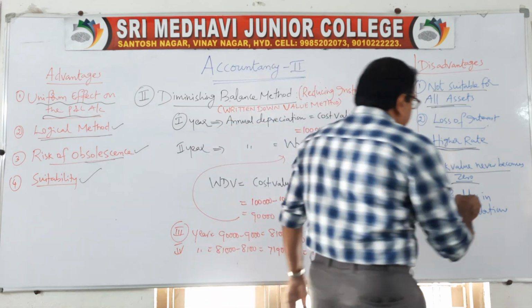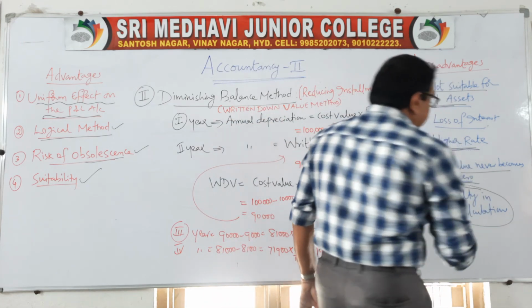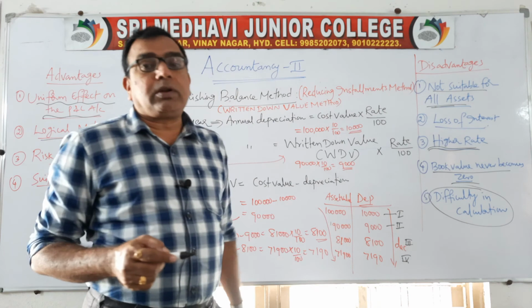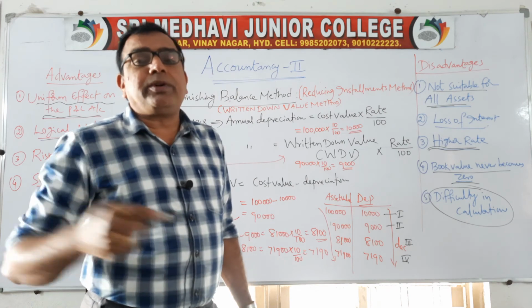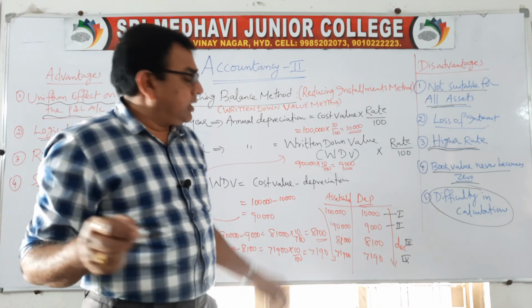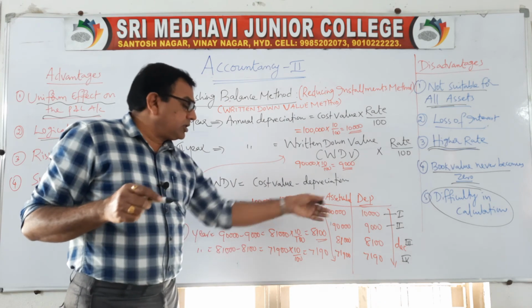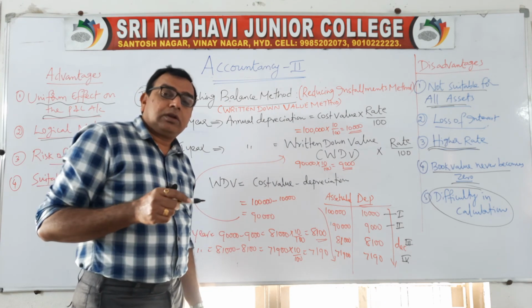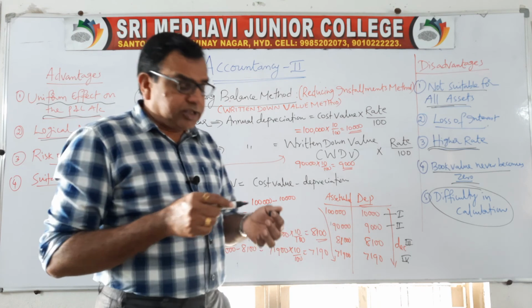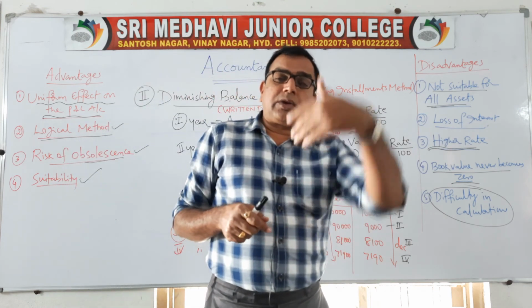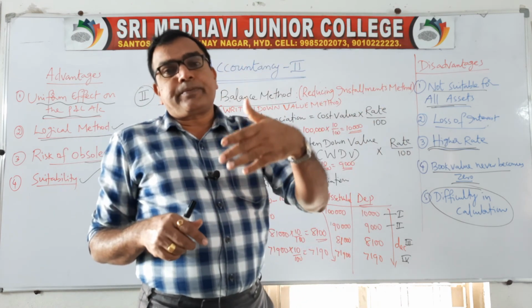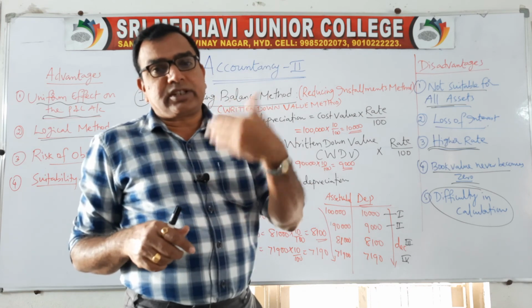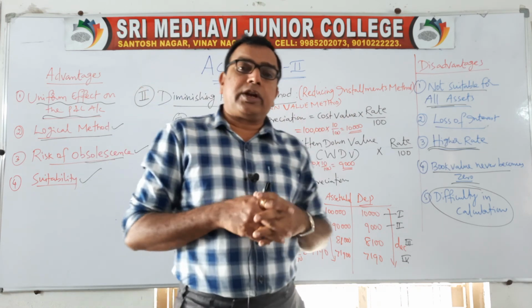Next, difficulty in calculation. You might already have experienced this one. This is the major problem under the diminishing balance method. Too many calculations. Every year you have to calculate. Sometimes you get depreciation in decimals also. If you have two to three different assets, as you need to calculate every year, you get amounts in fractions or decimals, which may complicate your ledger.